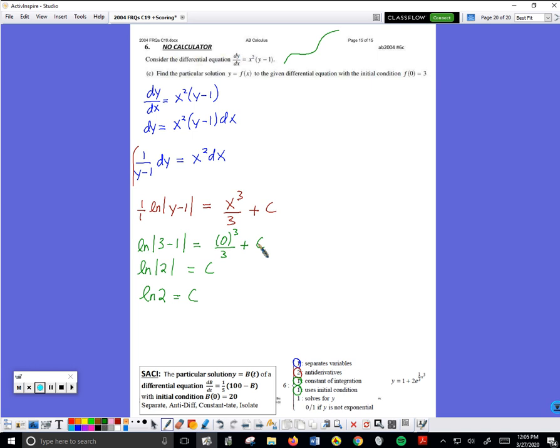So, last thing to do now is isolate the y, which means we're going to take this equation, plug in our c, and go from there. So we have the natural log absolute value y minus 1 must equal x cubed over 3 plus natural log of 2. On the golden notes, there's a formula that says, we'll write it down over here, e to the natural log of whatever is just the whatever.